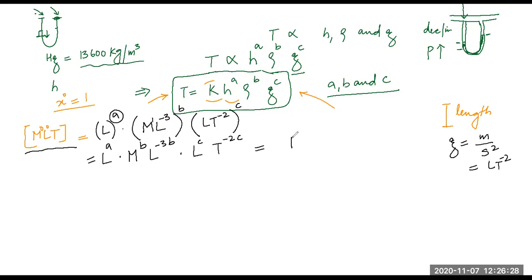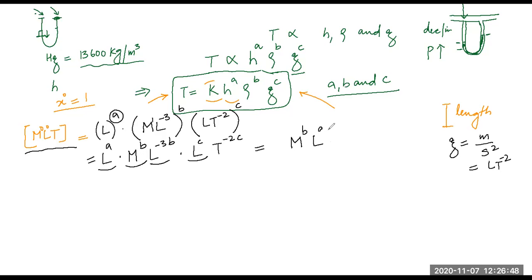First write M raised to power B. Not 0, B. This is B here, see, why 0? L raised to power, this is L, this is L, this is L. Add all the powers.